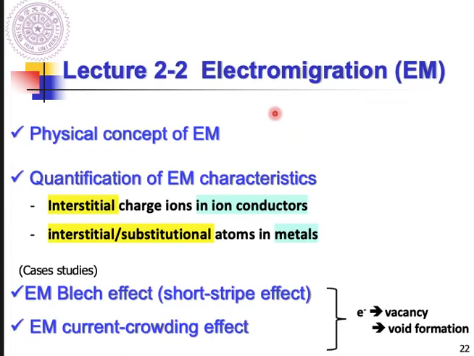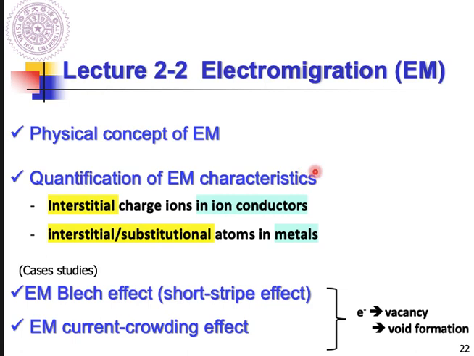In the previous class, we introduced what electron migration is, which means you apply an electrical field on your materials, and the generated electron flow has a chance to push the atomic flux.